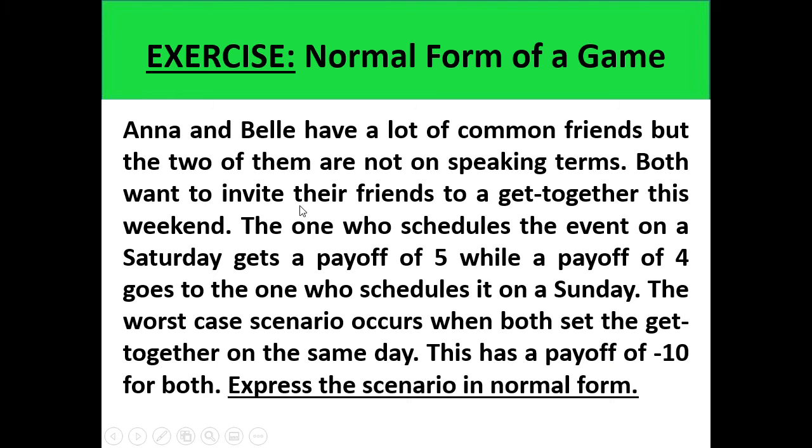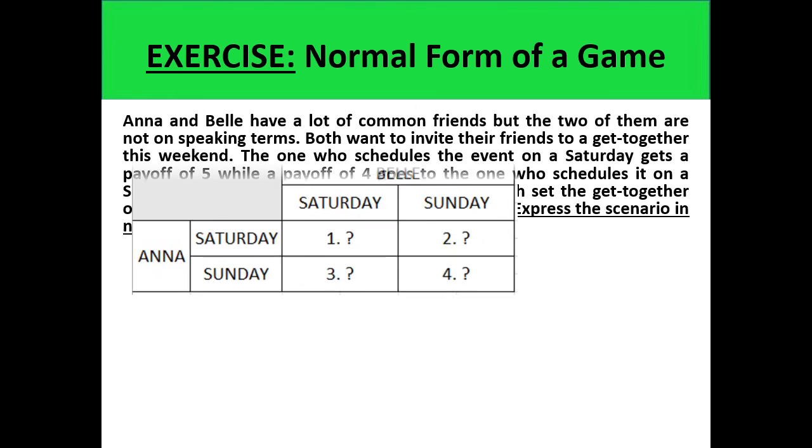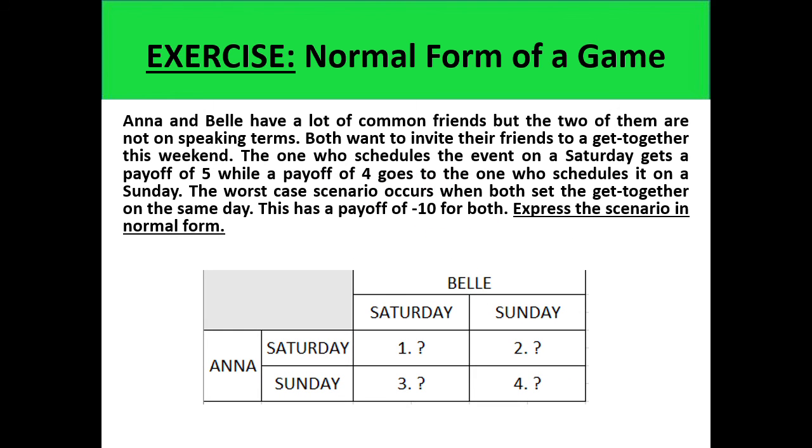So I want you to construct the normal form of this game by following this guideline. Number 1, put the payoff if Anna schedules it on a Saturday and Belle also schedules it on a Saturday.